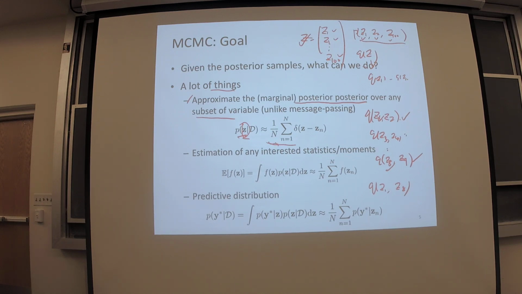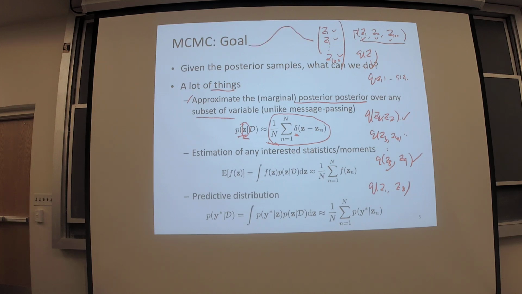Then my posterior can be approximated by this summation of the delta functions. So this is the indicator function. This is the basic definition of empirical distribution. For example, this is your true distribution, right?